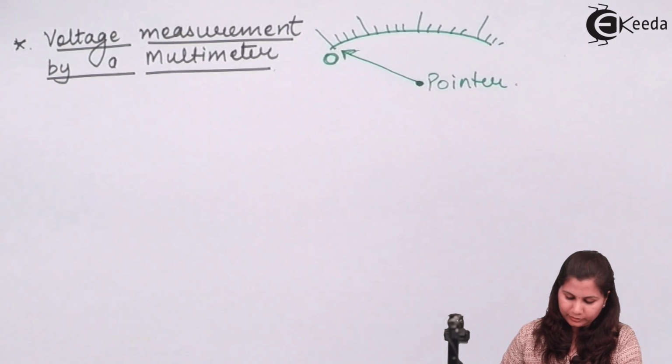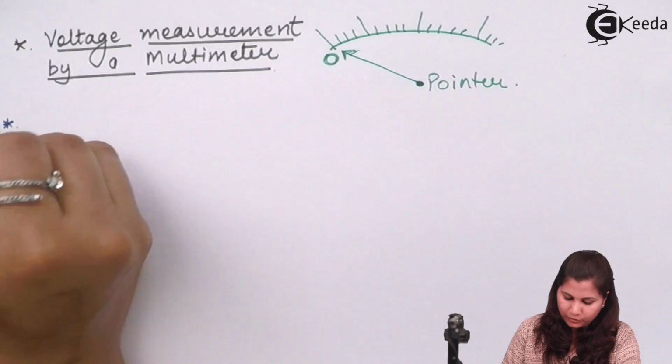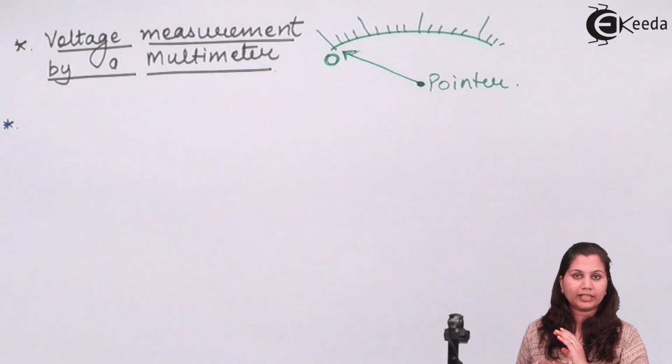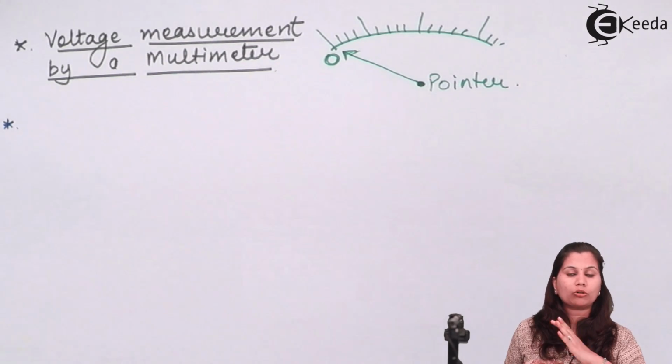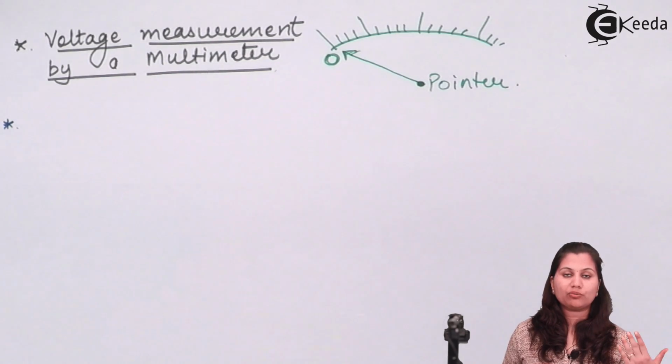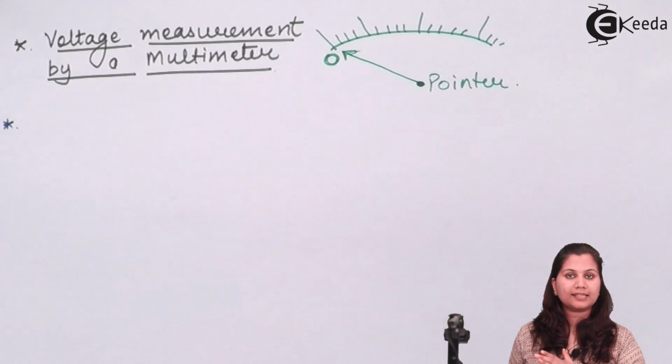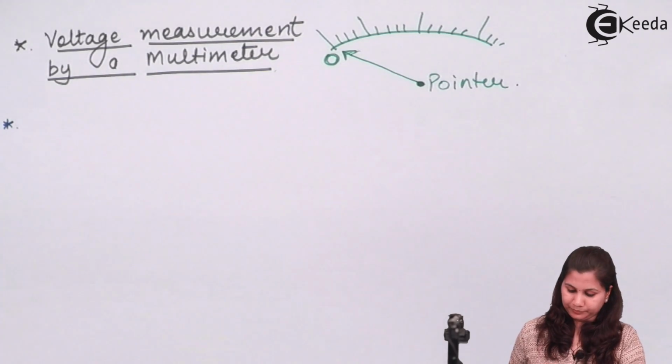For that, resistances are connected in series with the galvanometer. According to the range of voltages which we want to measure from the multimeter, the resistances are connected in series with the galvanometer.